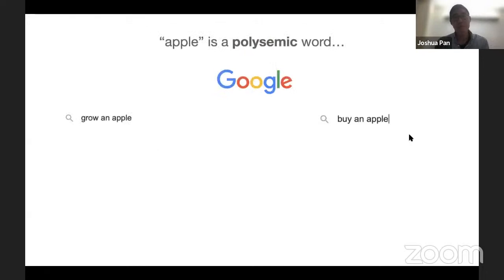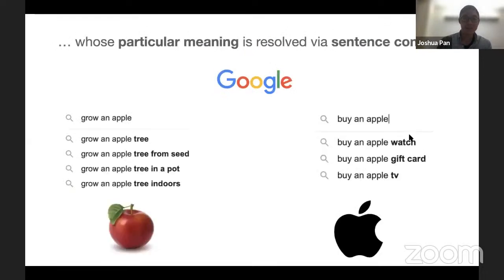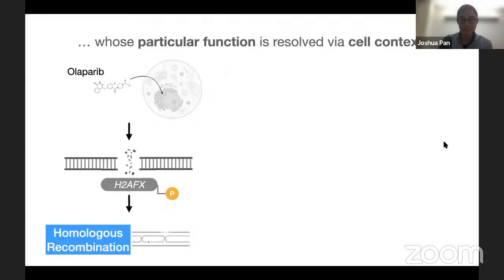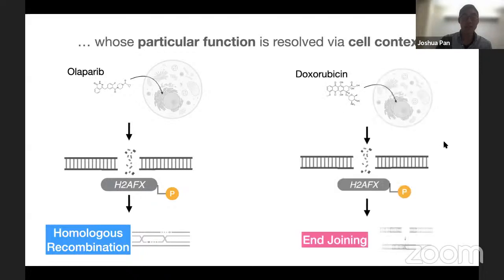For example, apple is a polysemic word whose particular meaning is resolved via sentence context. Similarly, H2AFX is a pleiotropic gene whose particular biological function is resolved via cell context. To be more specific, if a cell is treated with a genotoxin, it'll activate H2AFX, but different pathways can result depending on the input toxin.